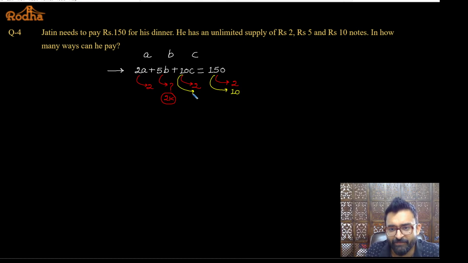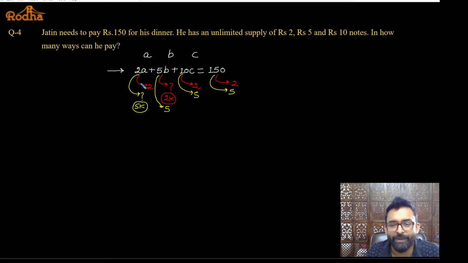But the other terms are not multiples of 10, so rather than multiples of 10, I'll look at multiples of 5. This is a multiple of 5. This has to be a multiple of 5.